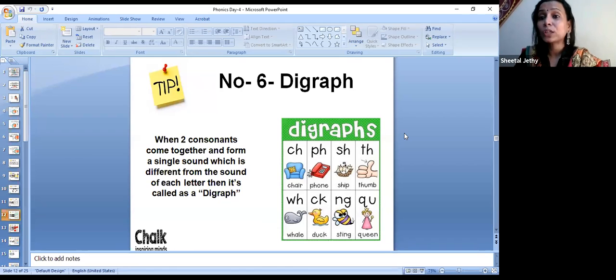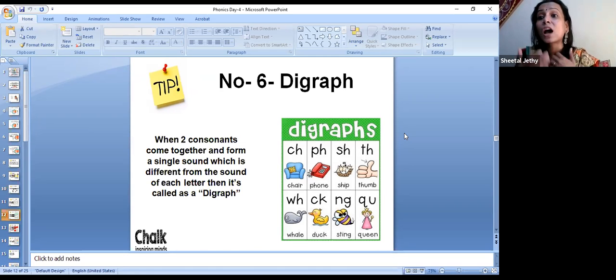Now, as we did for blends, we start figuring out families for digraphs as well. What are the words starting with PH? What are the words starting with CH, F, SH, TH?